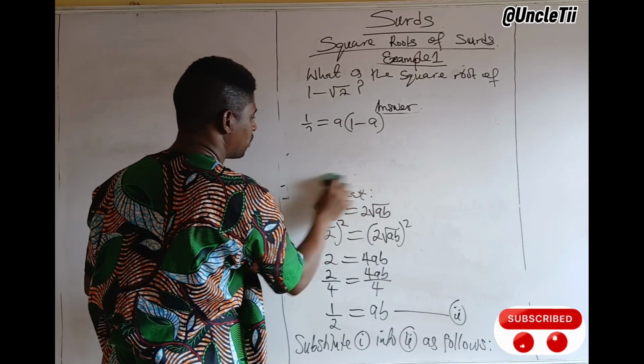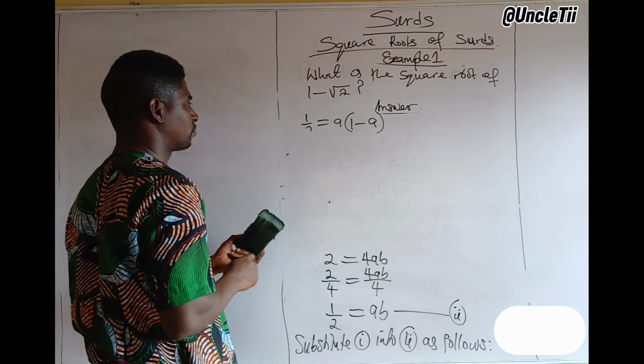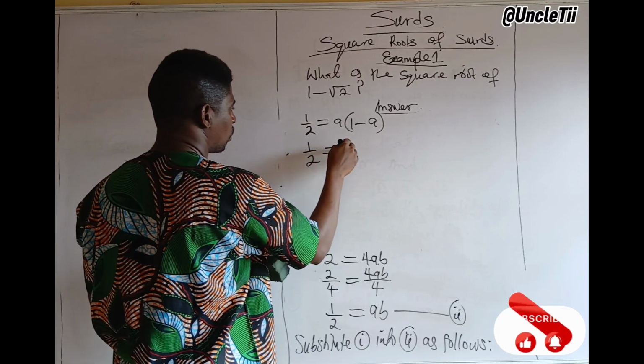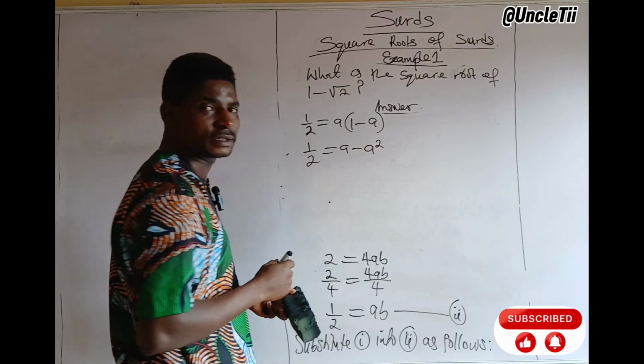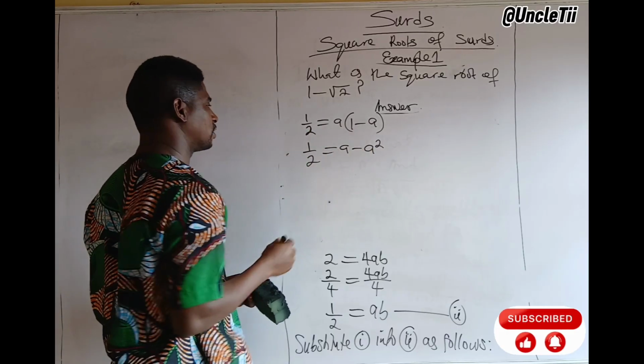So we open up the right hand side through expansion. And so we are going to get half equal to A minus A squared. How? A times 1, A times A squared.